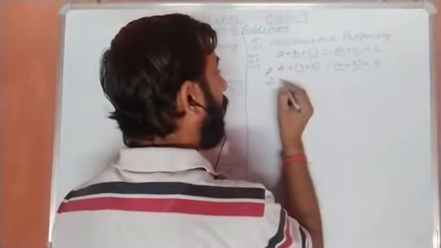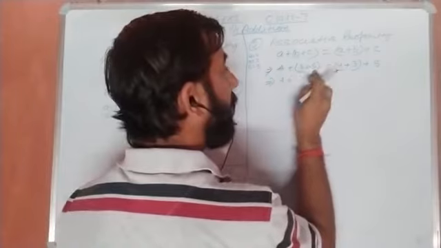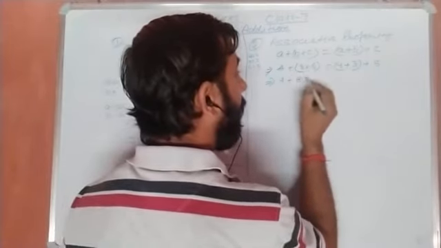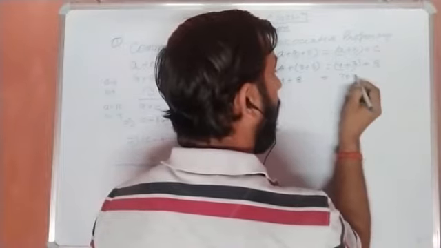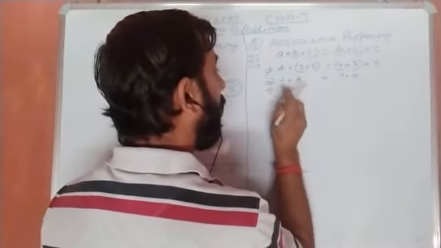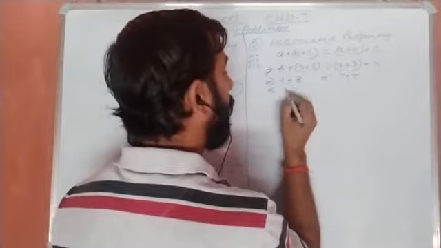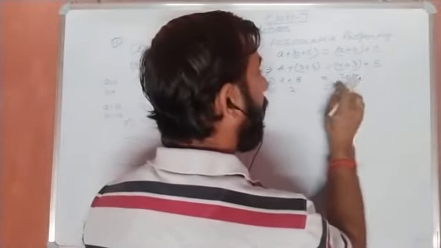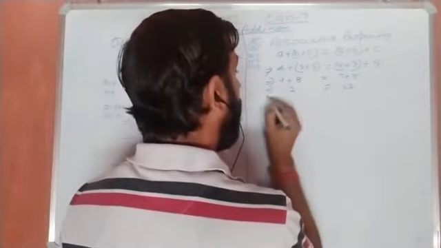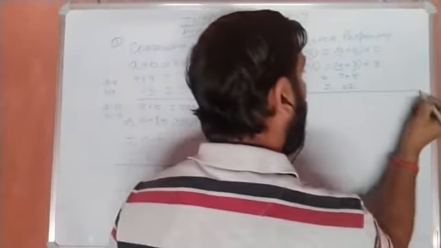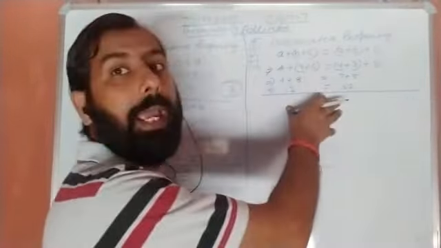So 4 plus 3 plus 5: 4 plus 3 is 7, plus 5. And 4 plus 8 is what? 12. 7 plus 5, the result is also 12. So this is how it helps in addition.